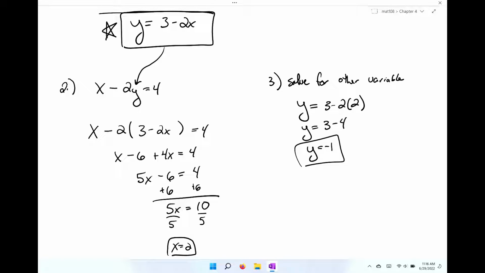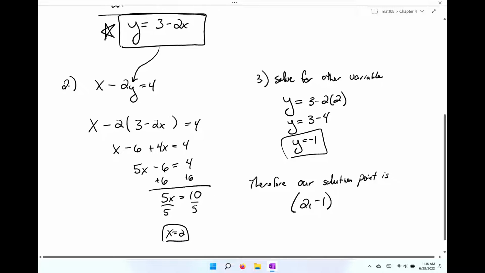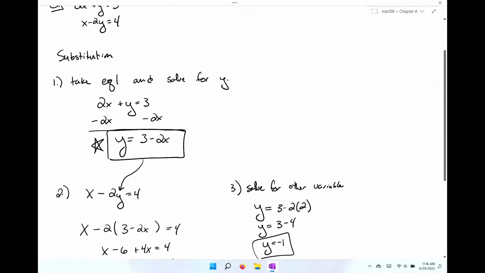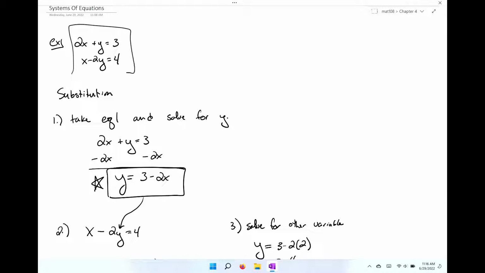So y equals negative 1. Therefore, our solution point is 2, negative 1, which means if I were to graph these two equations, 2x plus y equals 3 and x minus 2y equals 4, they would cross at the point 2, negative 1.